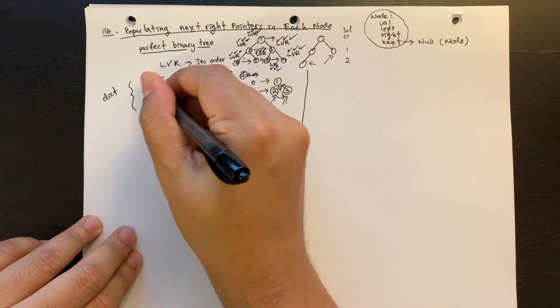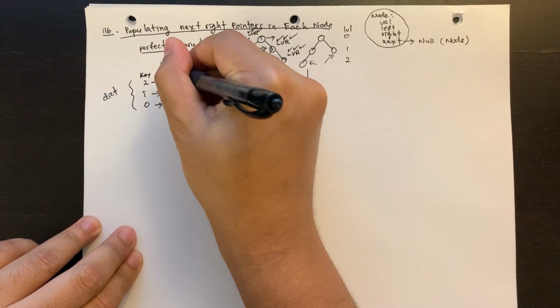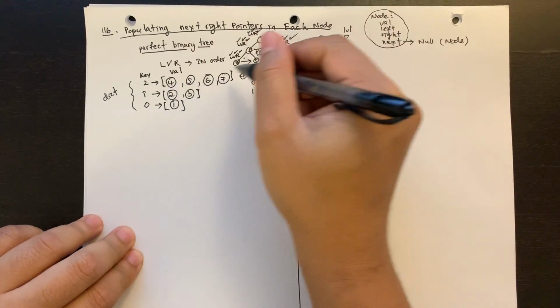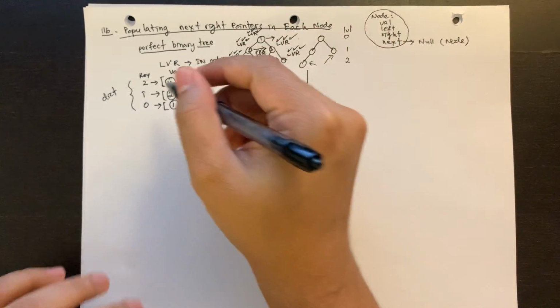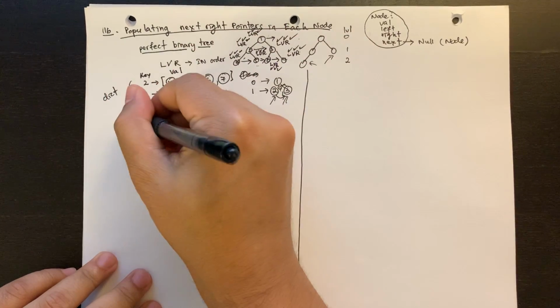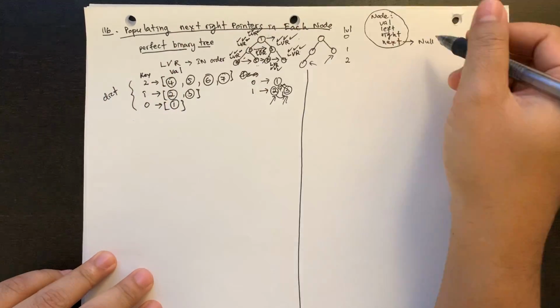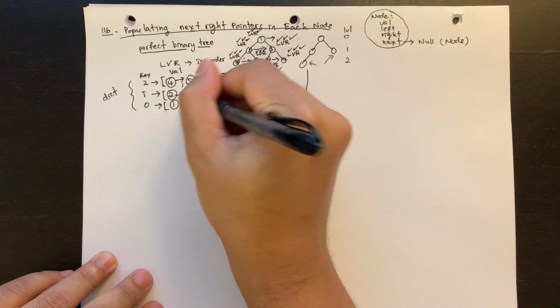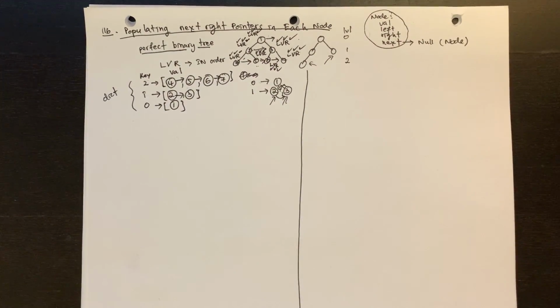So this is key, this is value. So we can traverse through all of the values, the list of the values, and then do dot next and point it to another one like this, another one like this, another one like this. All right, problem solved. I hope.